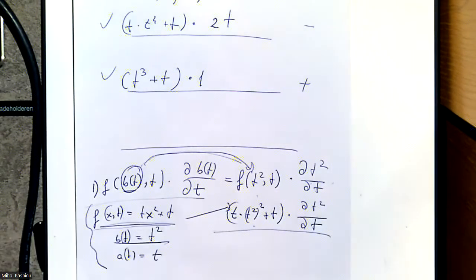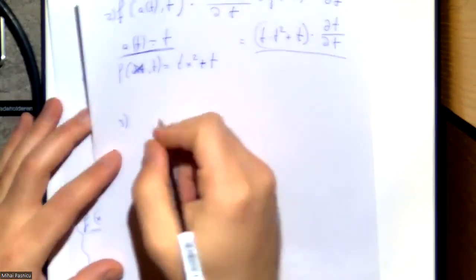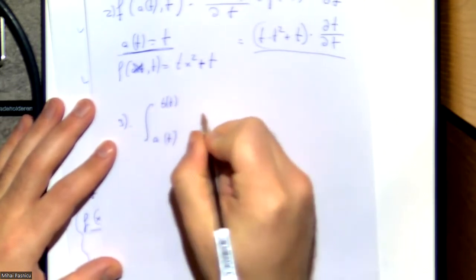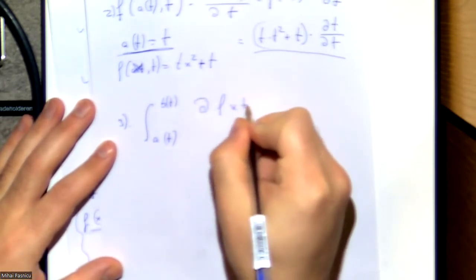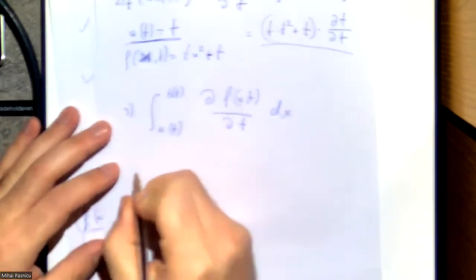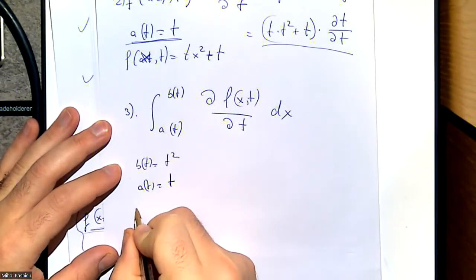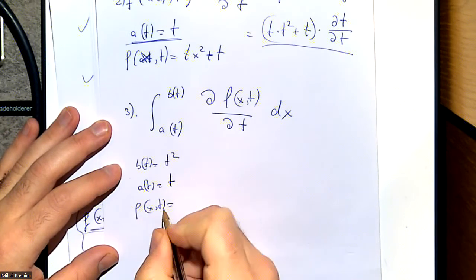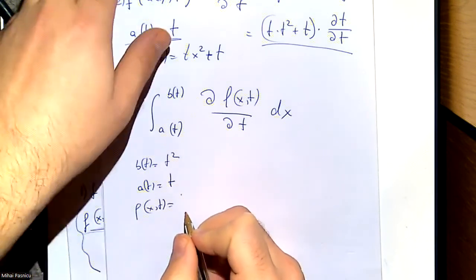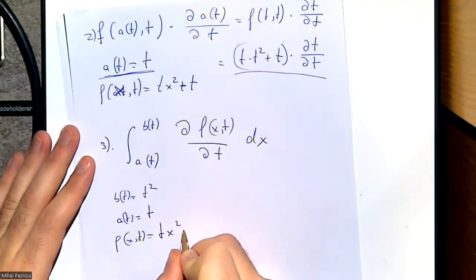And now the third term is the last one. My third term is the integral from a of t to b of t of the derivative of f of x, t with respect to t dx. So again, b of t is equal to t squared, a of t is equal to t, f of x, t is equal to tx squared plus t.